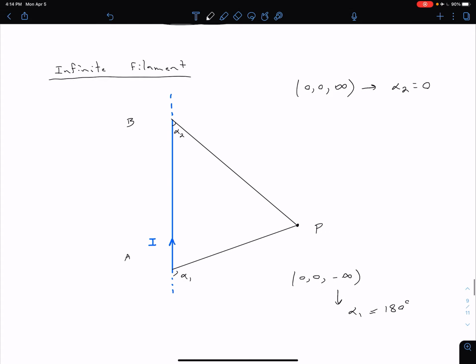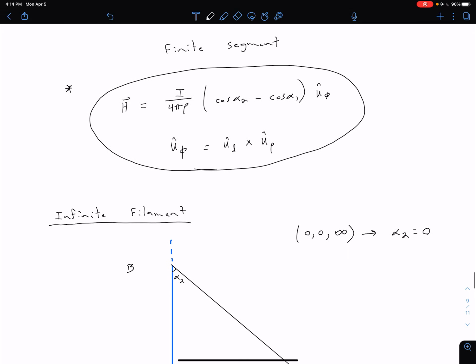So now all we need to do is come back and plug into this equation from the previous video. With our alpha 2 being equal to 0, this is going to go to 1, and with our alpha 1 being 180, this is going to be negative 1. So minus negative 1 is going to be adding 1, so we'll have 2. 2 divided by 4 over here is going to reduce that to just a factor of 2 in the denominator.